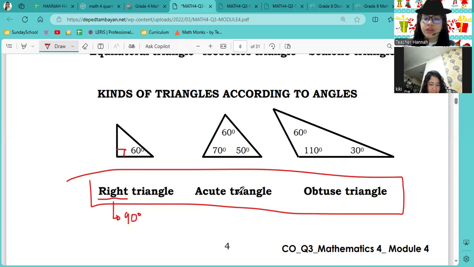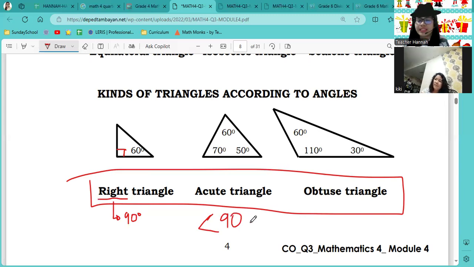How about acute triangle? The angles in an acute triangle are always less than what? Less than 90.